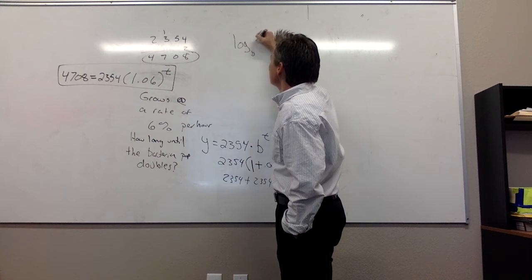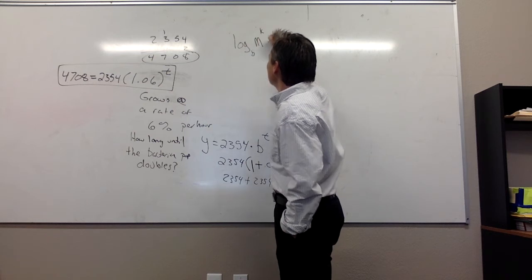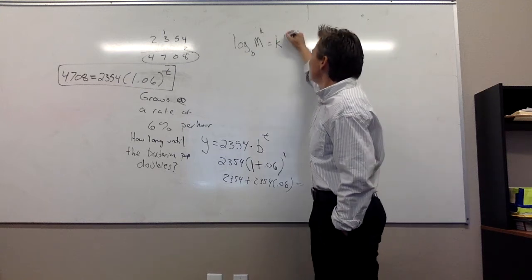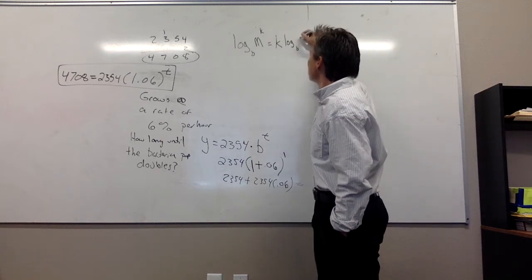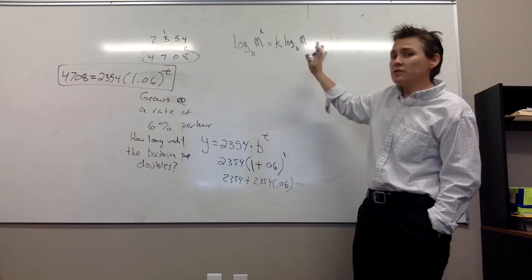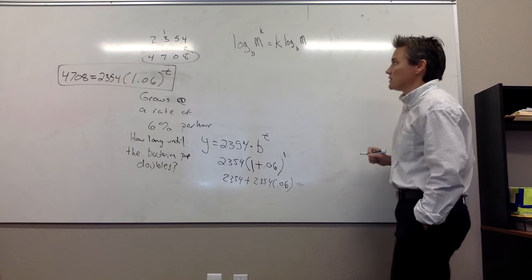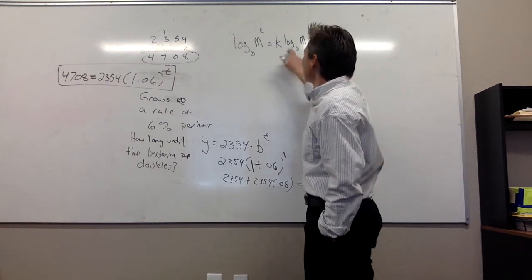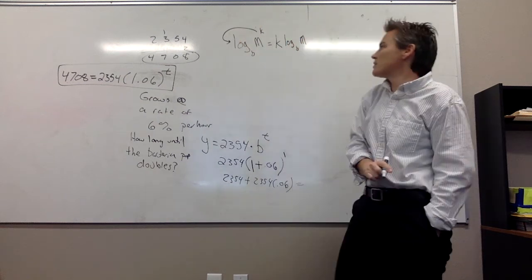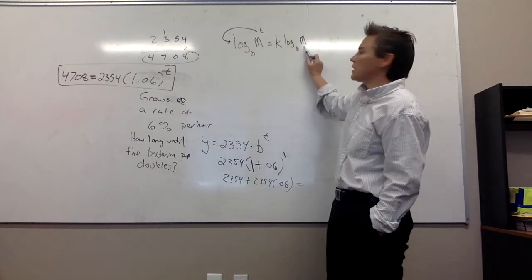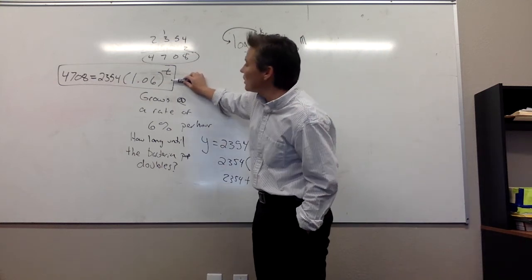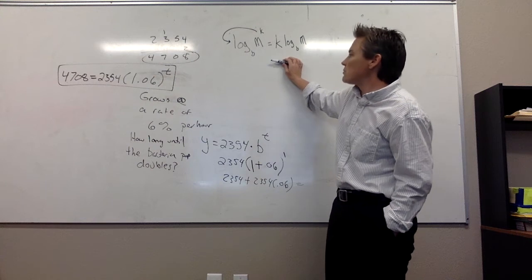If we have log base b of m to the power of k, that's equivalent to k times log base b of m. And presumably we've already learned this through an exploration activity.